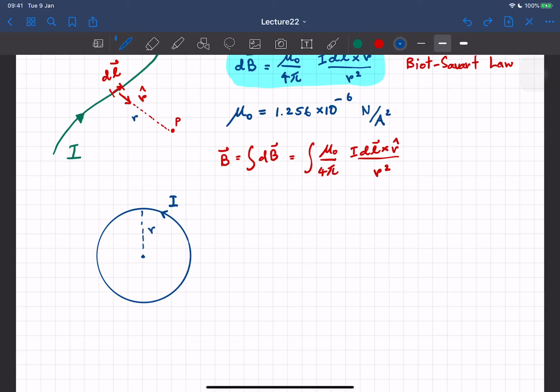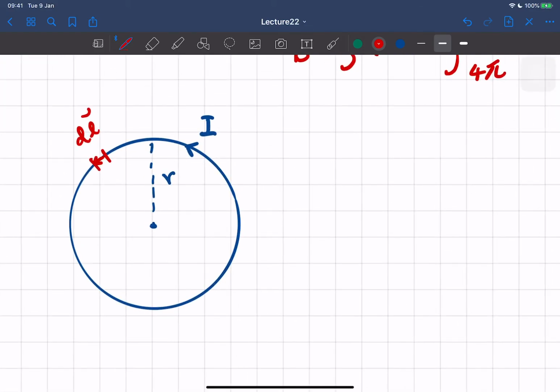Okay, so the first thing to do is to pick a point, let's say here, and this point is gonna be our dl, so it's pointing that way. Let me zoom in a little bit. So that is our vector dl, and this points to the point at the center, which is what we are interested in.